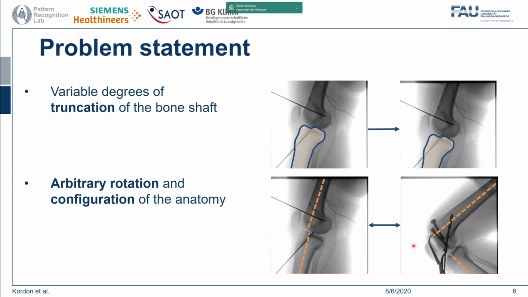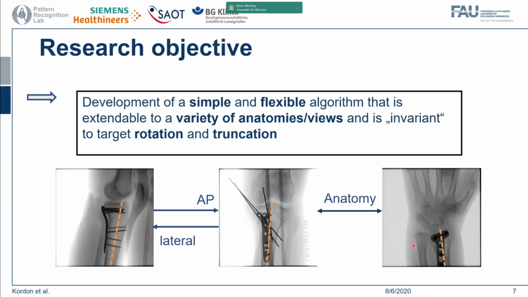So the current methodologies to estimate the axis are not very feasible for this data corpus. What we were trying to do is develop a simple and flexible algorithm that works for different views as well as different anatomies, so that we can extend it to, for example, the wrist, and that is also approximately invariant to the target rotation and truncation of the anatomy.